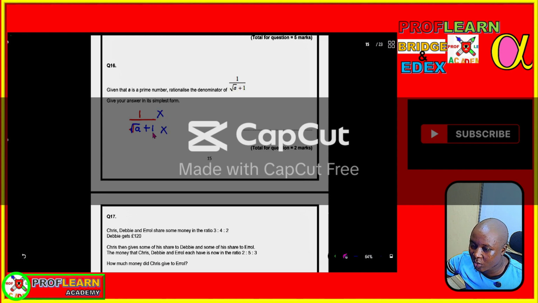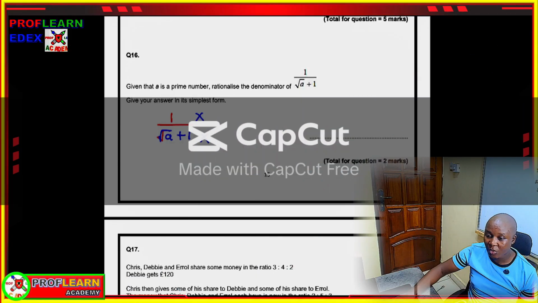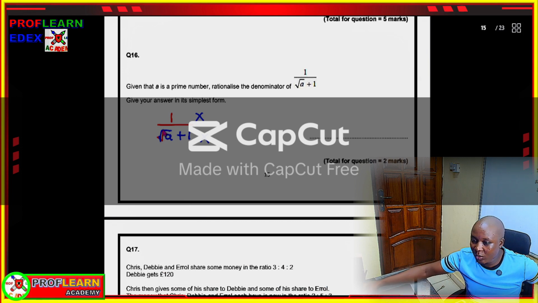To find the conjugate, you are going to multiply the numerator and denominator, and you only change the sign of the expression in the denominator. Yeah, you are going to change only the sign. So in that case, we are going to say root of a minus 1 times root of a minus 1.